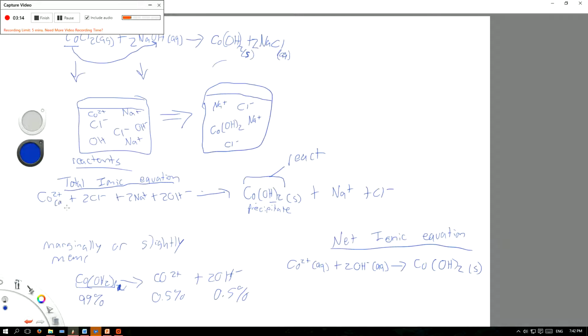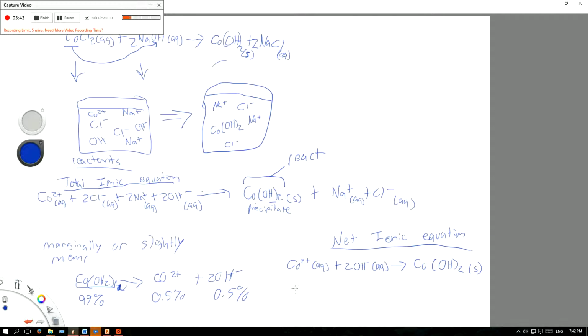Another thing I forgot to add here is you always have to add aqueous to say that they're floating around in water. So your total ionic equation shows all your ions and your precipitate, if there is one, in your equation. The net ionic equation only shows those things that are important.